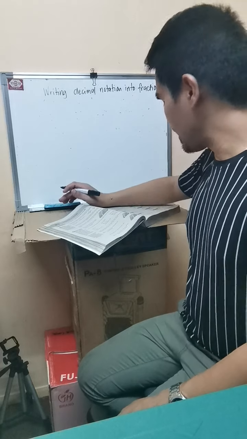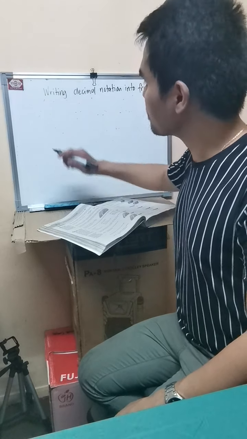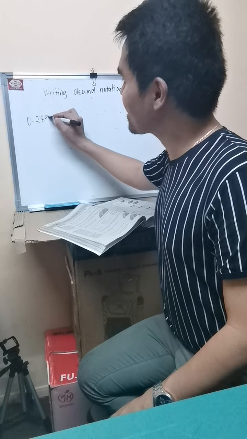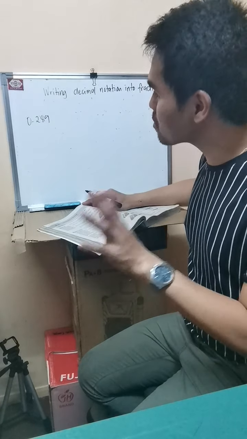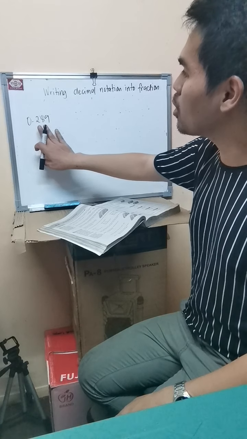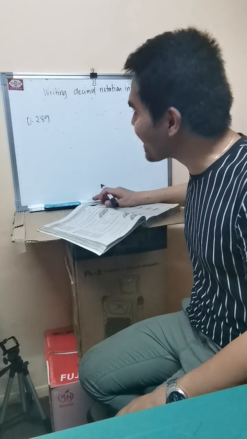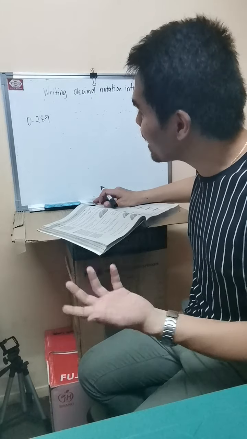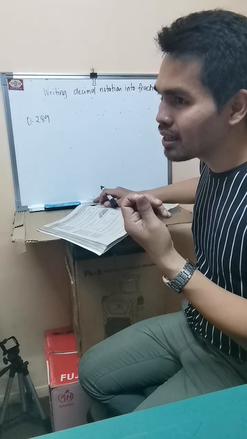Okay, let's say for example we have 0.289. Okay, we know that we read this one as 289 thousandths.